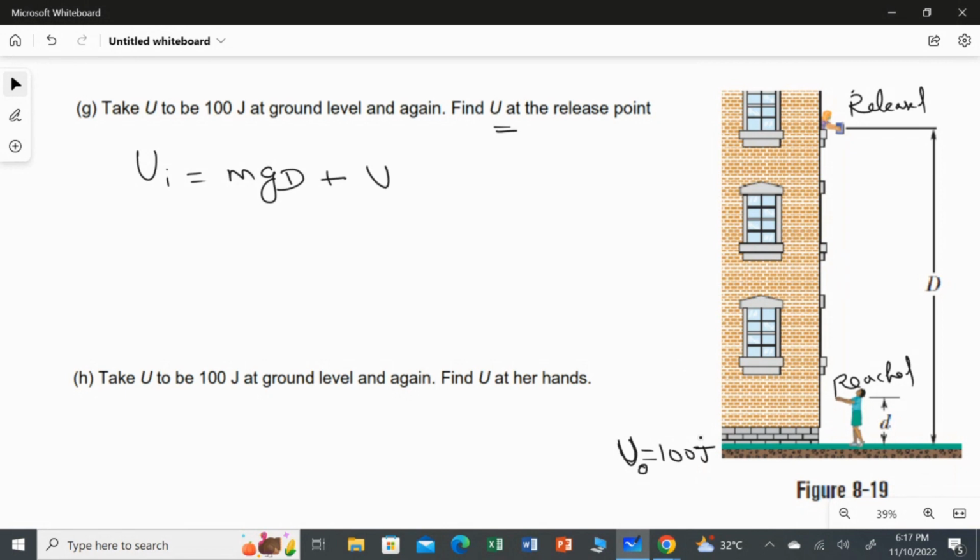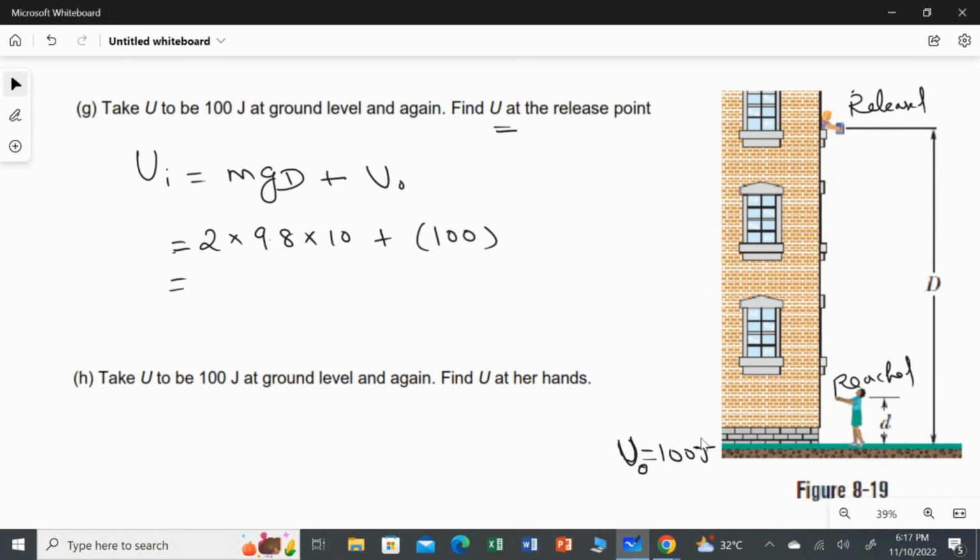So when we consider the release point, we have to add this potential energy also. So what should be the value? 2 multiplied by 9.8 multiplied by the initial value D, 10, plus the ground level potential energy of 100 joules.